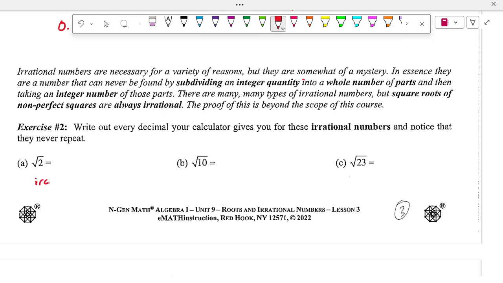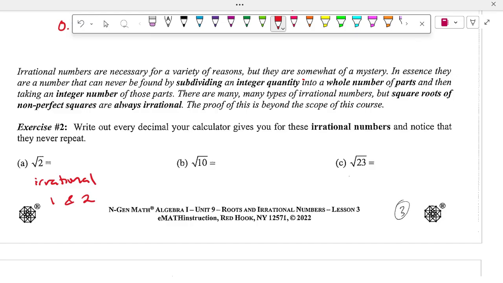Definitely irrational. Can anyone guess what two whole numbers that number will be between if you put it in your calculator? 1 and 2, how do you know? Because you can't multiply 2 by itself to get 2. Yep. 2 times 2 is 4, 1 times 1 is 1. So it has to be between the square root of 1 and the square root of 4.